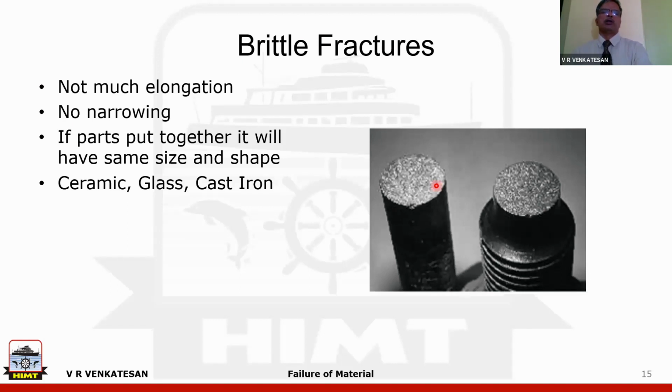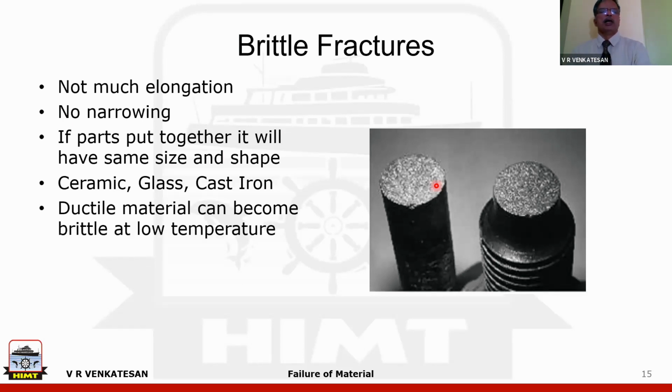So for brittle material, cast iron is the best example, or high carbon steels with high carbon content, tool steels. They are all brittle materials. And brittle material, if they fail, their fracture will look like this. And even ductile material can become brittle at low temperature. This is one of the important principles to keep in mind.